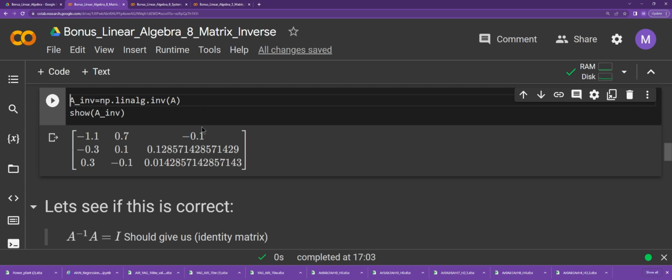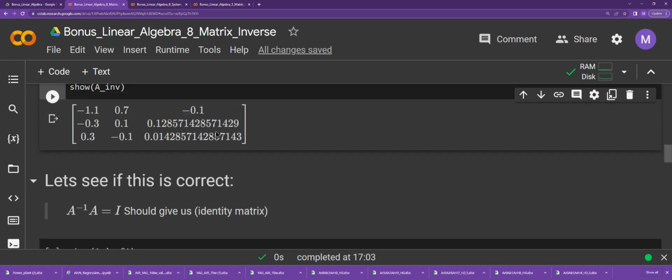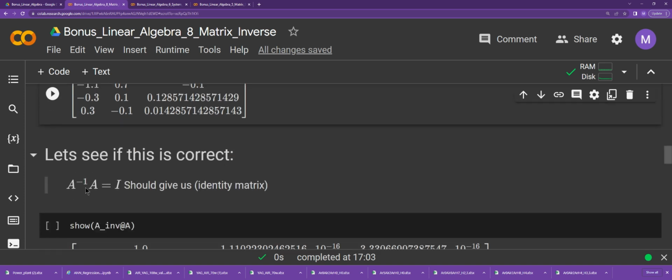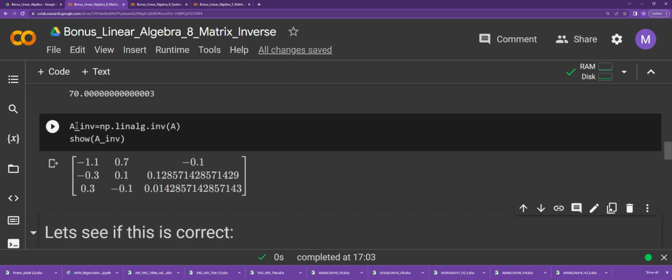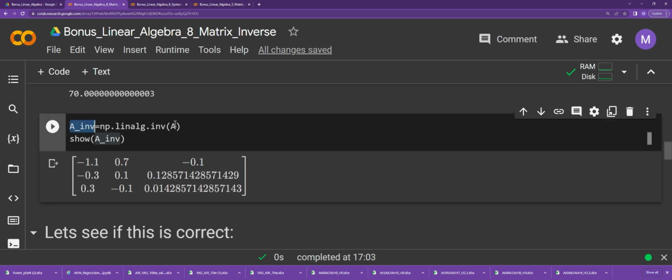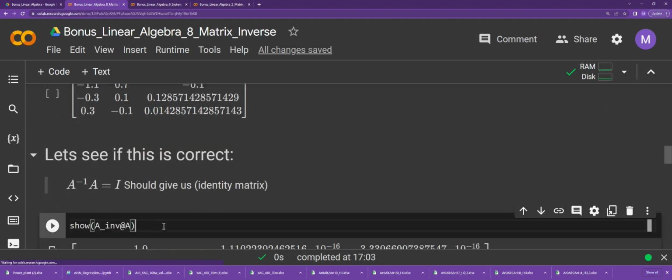And we said that if you multiply the inverse of a matrix by it, it should give us the identity matrix. So A inv at the moment is the inverse of matrix A. So if I dot product A inv by A, I should get an identity matrix, and I'm going to run that.